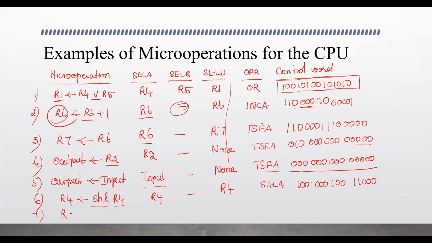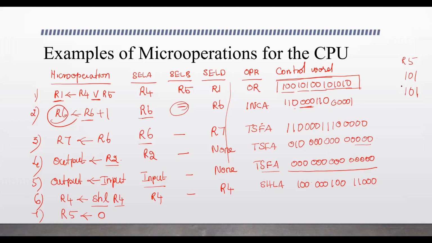And one operation here, R5 ← 0. It means the content of R5 needs to be cleared, right? Setting value 0 to R5 means clearing the content of R5. We have learned earlier in logical operations that the content of a register can be cleared by XORing the content with the same content. Suppose R5 is 101, how will I clear the content of the register?